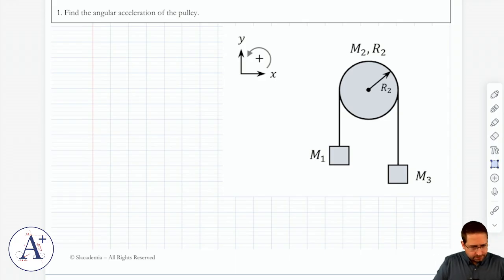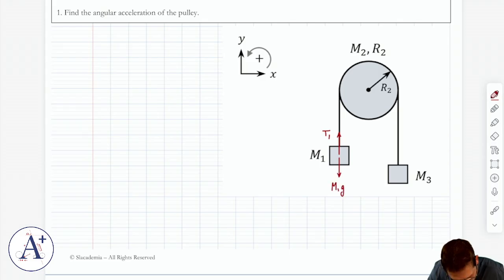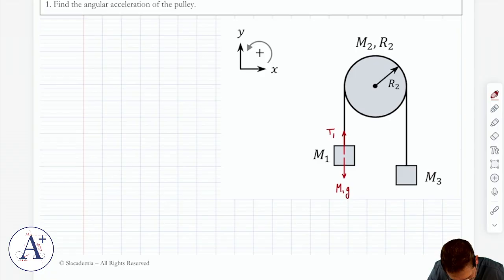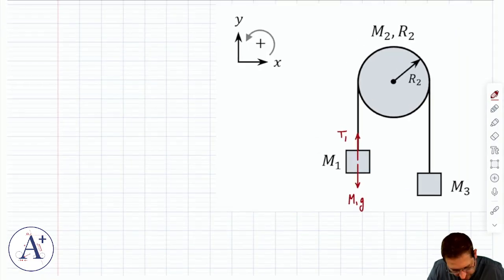Okay. So let's start with the free body diagram for each one of these. We'll do the easy ones first. We'll do M1 and M3. M1 and M3, well, strings can only pull, so this is going to be T1. This is going to be M1G, downward. Okay.